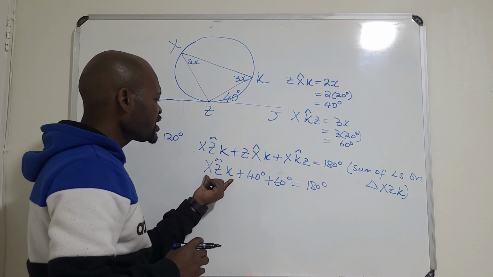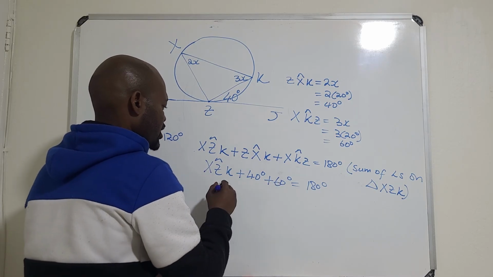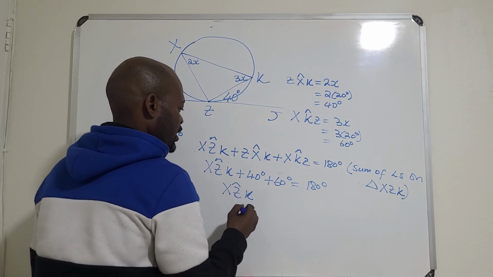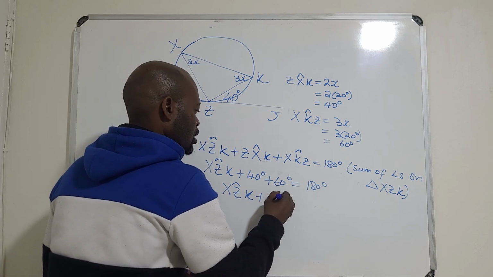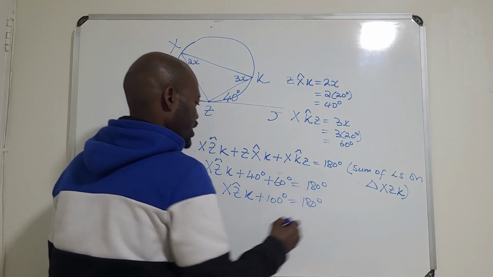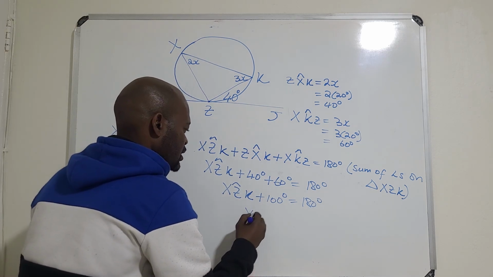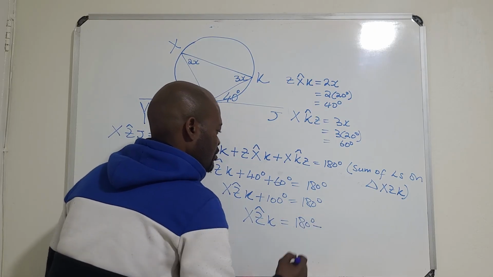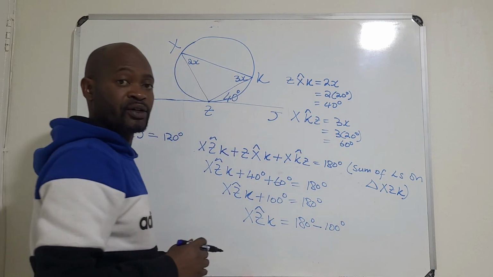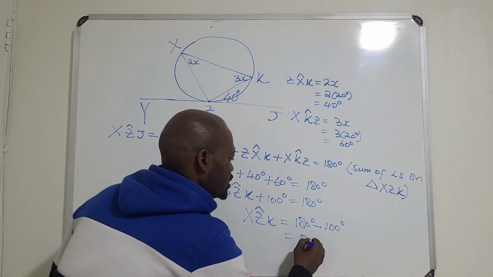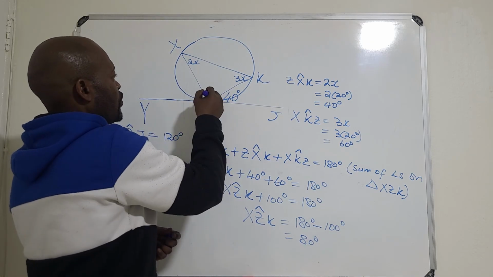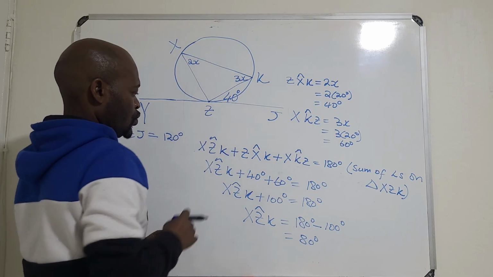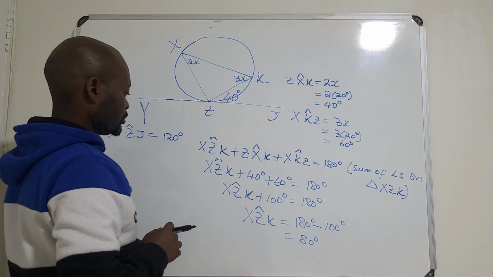Now, this sum is obviously going to be 100, so angle XZK plus 100 degrees is equal to 180. Angle XZK is equal to 180 minus 100 degrees, which is 80 degrees.